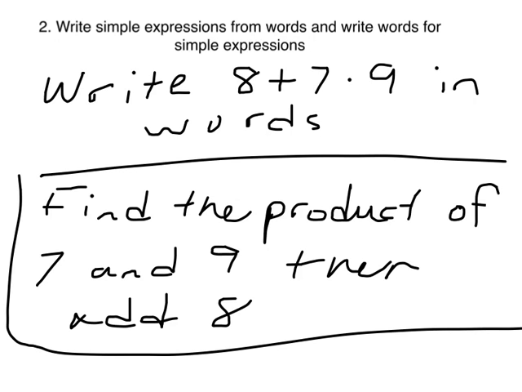There's my answer. The reason I knew I could say product is because when you multiply 2 factors, the factors of 9 and 7, the answer we refer to as the product. And then we add 8, so it would be 63 plus 8. And that would give us our simplified expression.